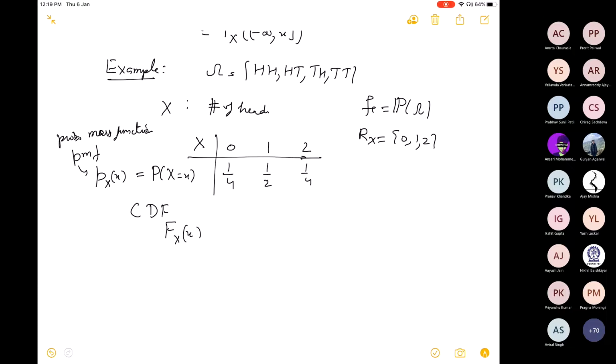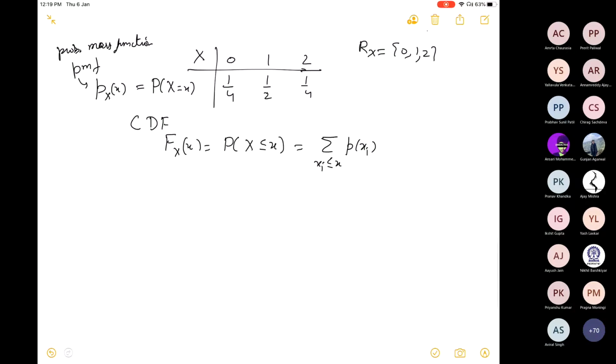This is nothing but the probability that X is less than or equal to small x. This is nothing but the sum of the probabilities which are below the point x.